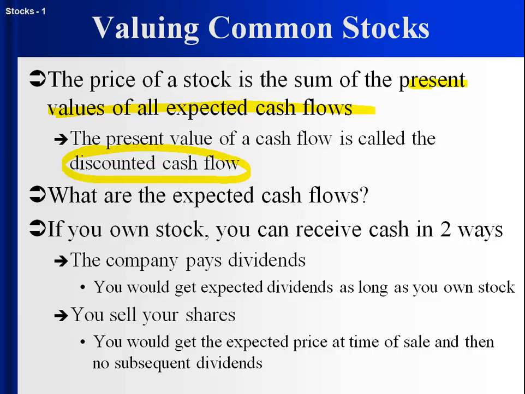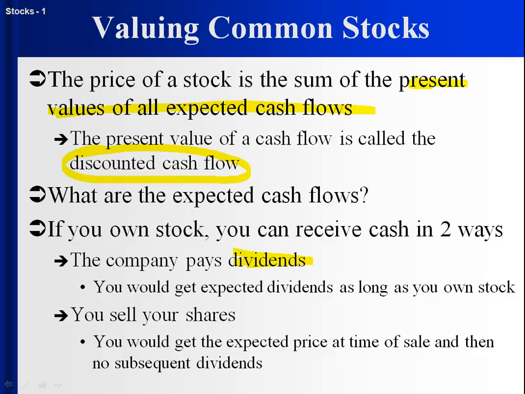So one of the questions is, what are the expected cash flows? If you own a stock, there's two ways that you can receive cash. One, you own that stock, the company will pay you dividends. As long as you own the stock, the company every quarter or every year, however often they pay dividends, whatever dividends they pay, you'll get a check in the mail. The other way that you can receive cash is if you sell your shares.